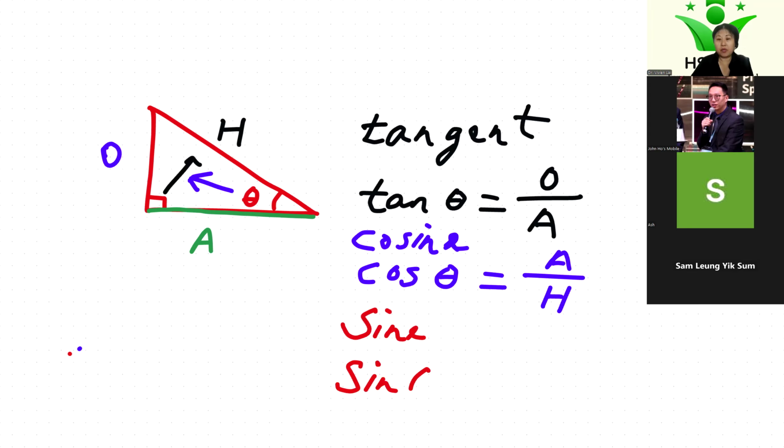O over H. So write it down. I want you to remember it. Tangent theta, immediately tell me, is O over A. Cosine theta is A over H. Sine theta is O over H. You have to immediately tell me that, all right?